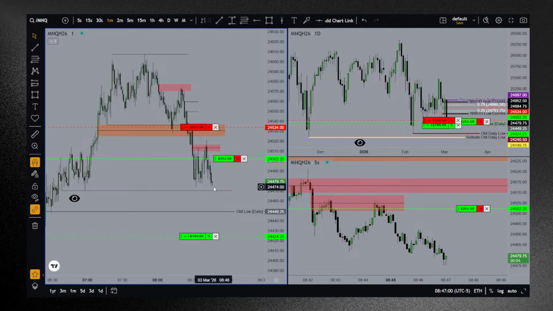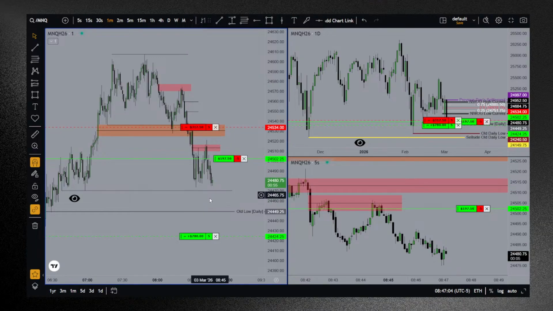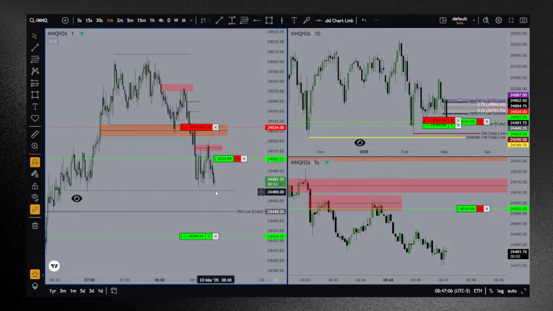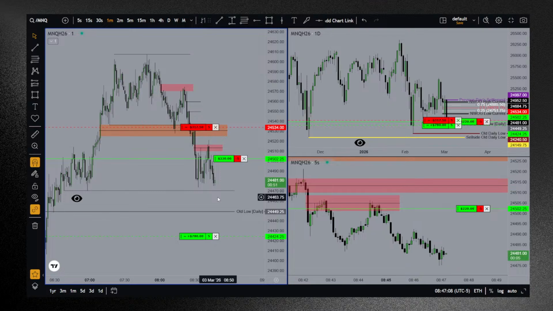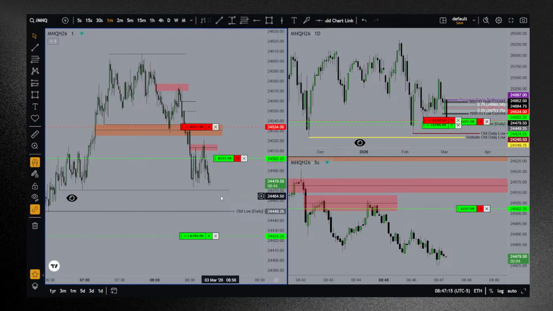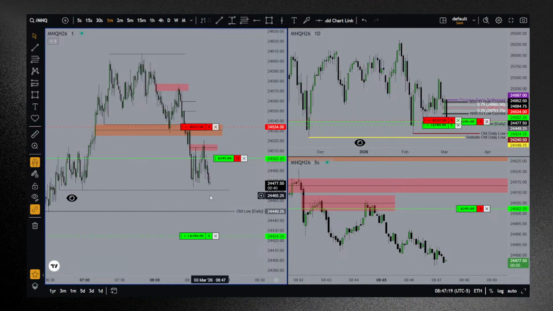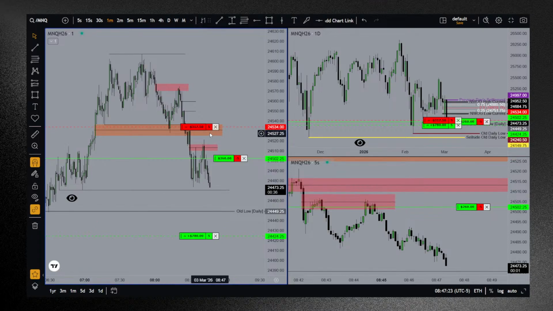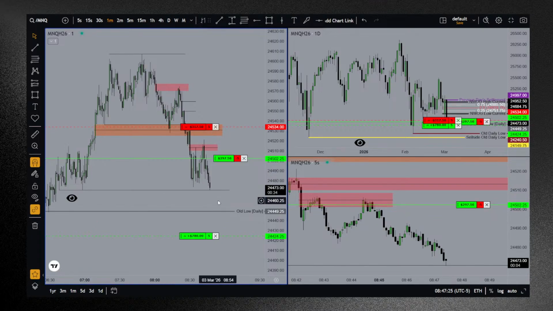So I want to see price trade to and through it, slightly below initially. Then I'm going to close or take a partial below those lows and move my stop loss to break even. It touched the lows.